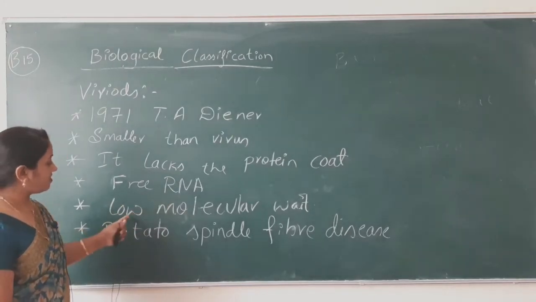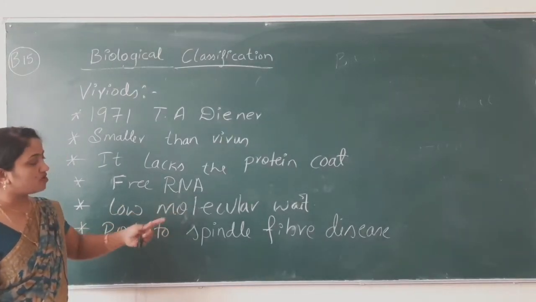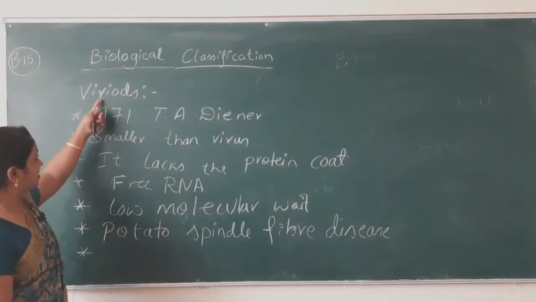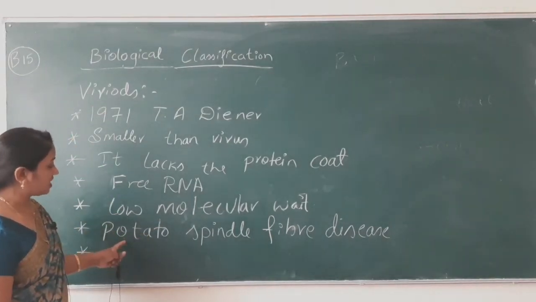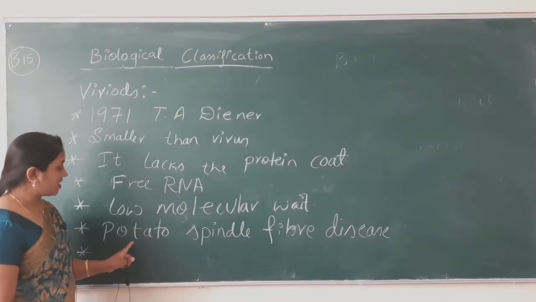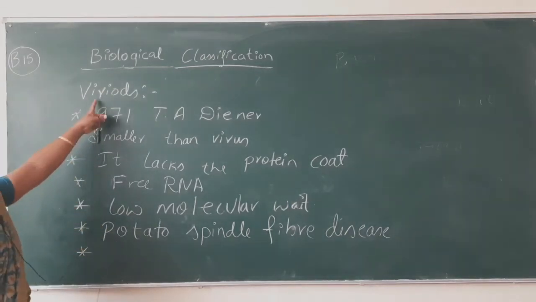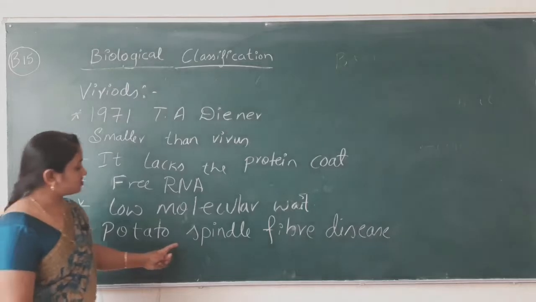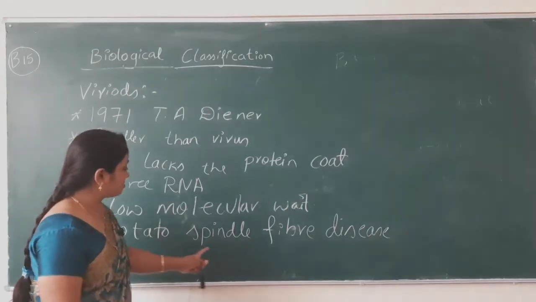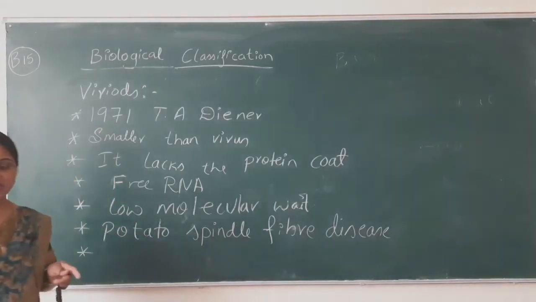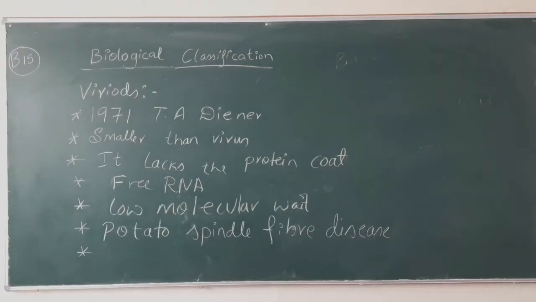The RNA will be of low molecular weight. These viroids infect the potato plant. When the potato plant gets infected by the viroids, it suffers from the disease known as potato spindle fiber disease.